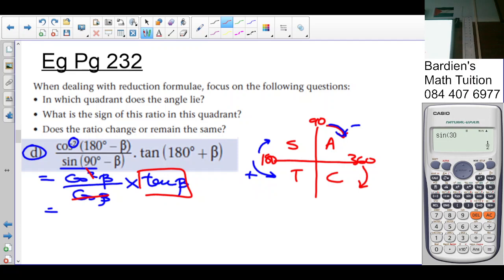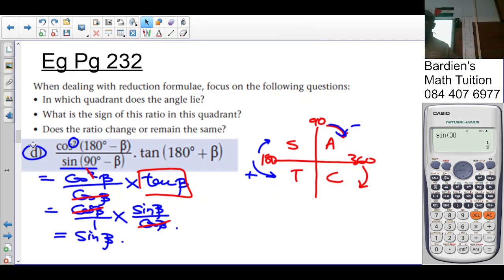So that's going to become cos beta over 1 times sine beta over cos beta. What can happen now? Cancel cos. So I'm left with sine beta. Alright, do you guys understand?